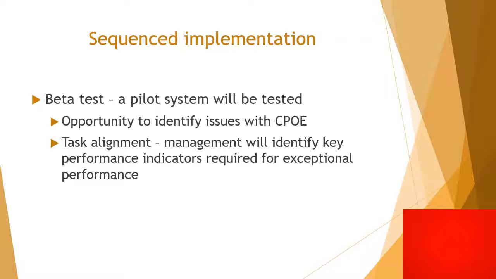This pilot CPOE system will be introduced. And we'll have the opportunity this way to identify any issues with CPOE before we completely roll it out as a new process. So task alignment, management will identify key performance indicators required for exceptional performance, which will also assist us, of course, in this organizational process change.